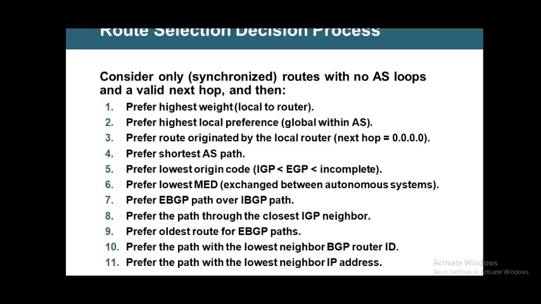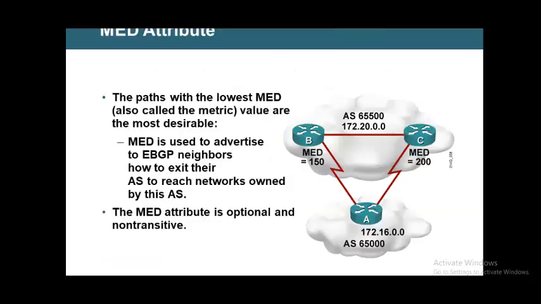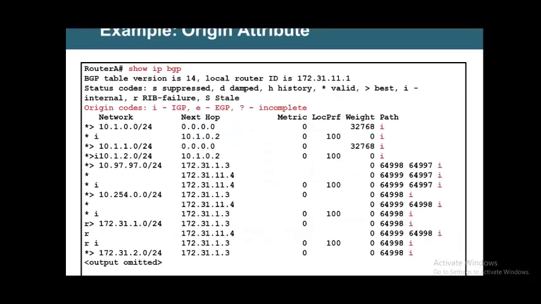For example, you see here, for the local network, it should not go to a neighbor. That's why high weightage is automatically, dynamically applied when it is a directly connected network on this router.